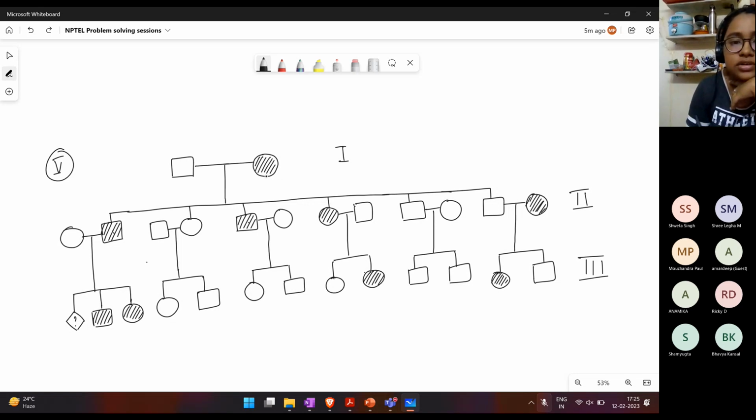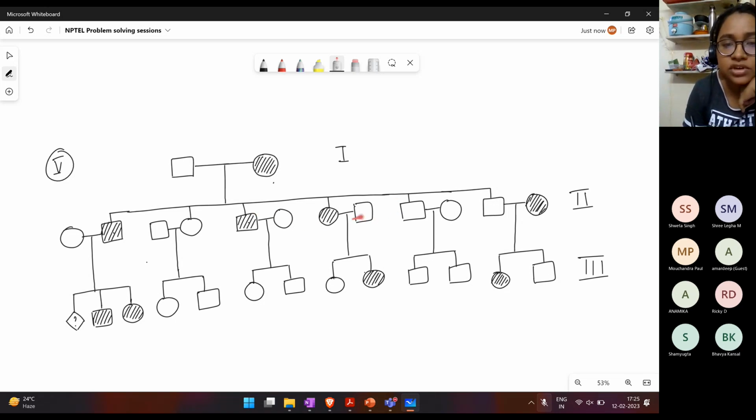So first, look at the first generation. The mother is affected, right? There are 6 children, and out of 6, 3 are affected.